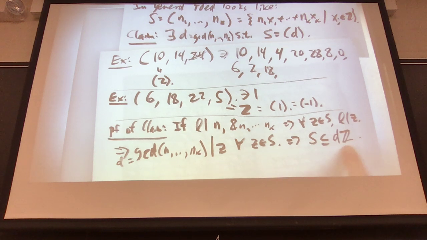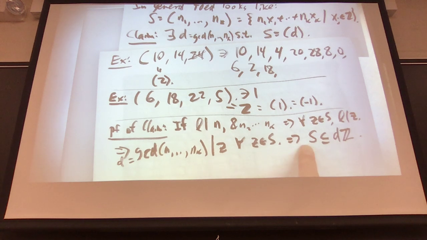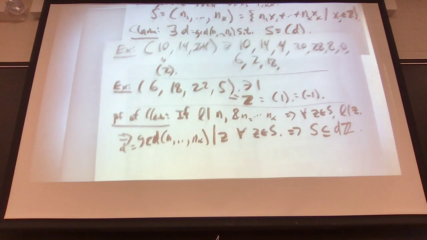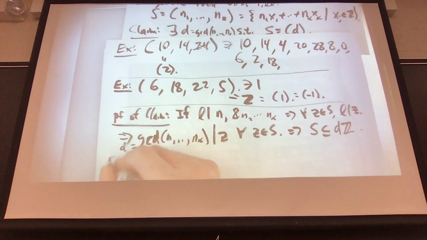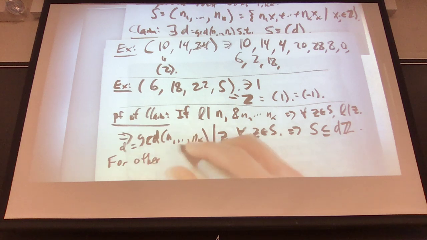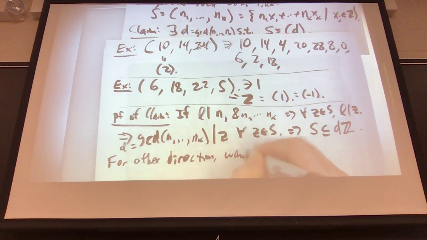I want to know that all of DZ is contained in S. If I can get D to be contained in S, then all multiples of D are contained in S, and I have the inclusion in the other direction. So for the other direction, I want D in S.